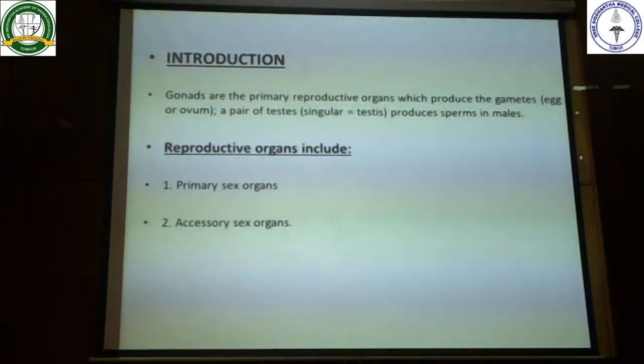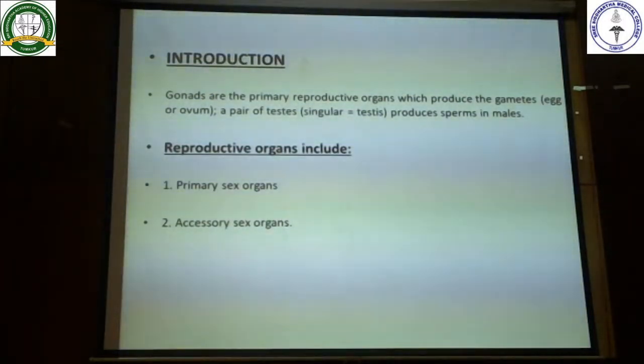So the male reproductive system, if you see, you have a pair of testes. Testis, T-E-S-T-I-S, is the singular and the plural is T-E-S-T-E-S. Coming to the reproductive organs in males, we classify them into two things: the primary sex organs and the accessory sex organs.